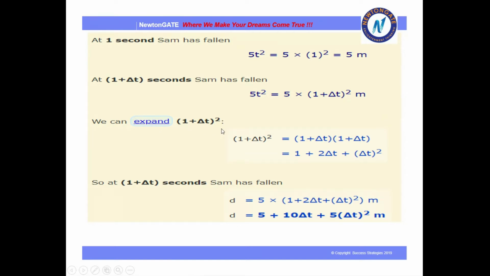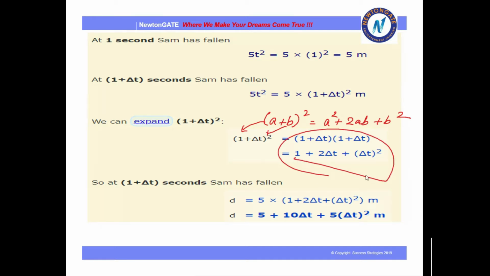Now we can expand 1 plus delta t whole square using the formula of a plus b whole square, which is a square plus 2ab plus b square. Here I am taking a as 1 and b as delta t, and we get this same expression.